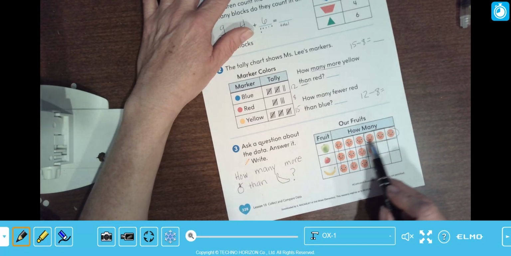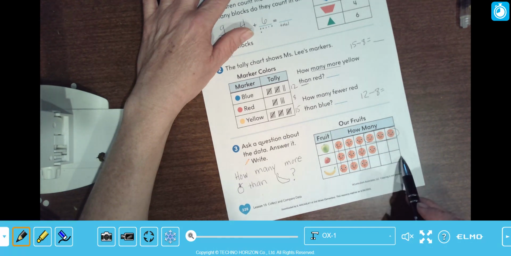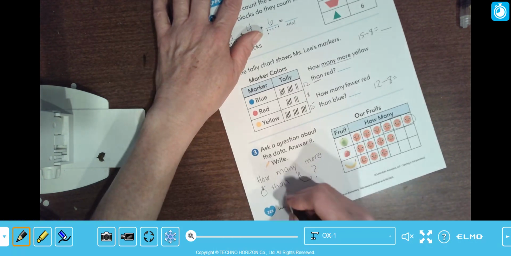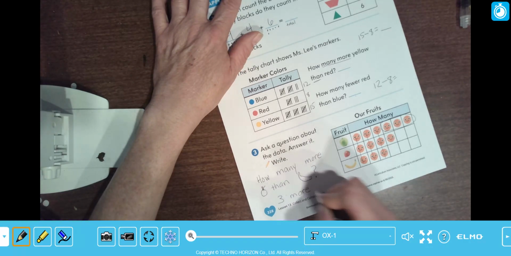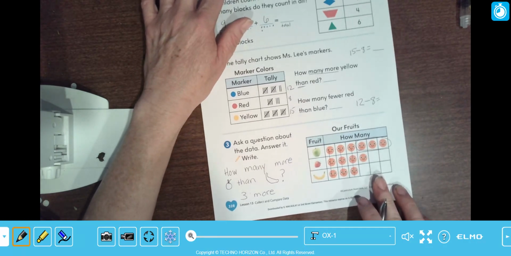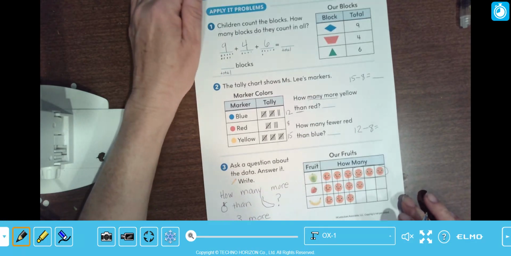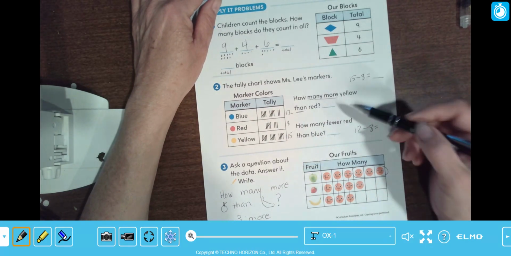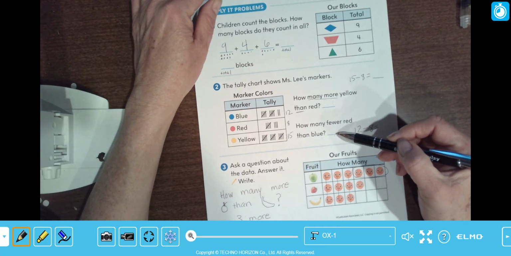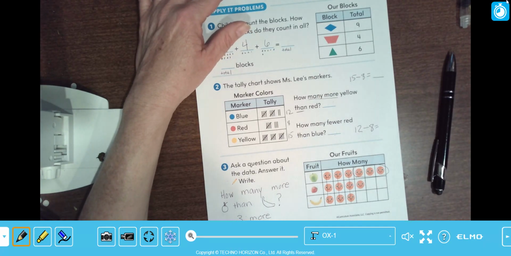So how many more does apples have than bananas has? Apples has 3 more. So I'm going to write 3 more is the answer. Okay? Does that kind of help you? Okay, don't forget to answer this one, this one, this one, and this one. Okay? All right, have a nice day.